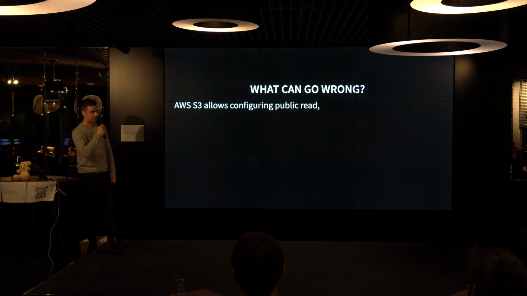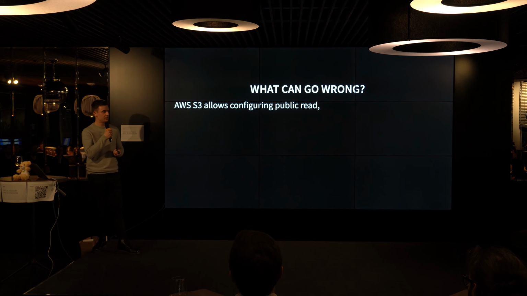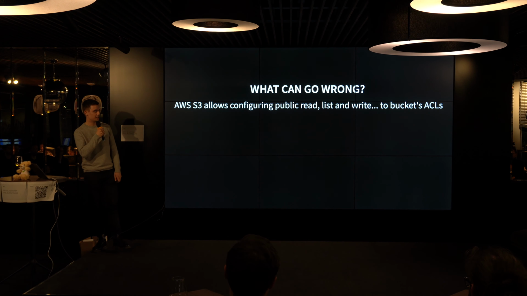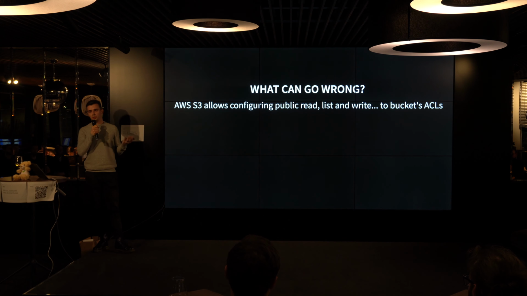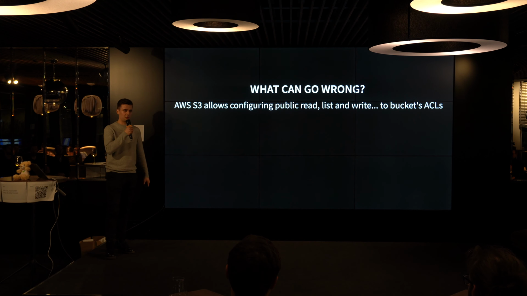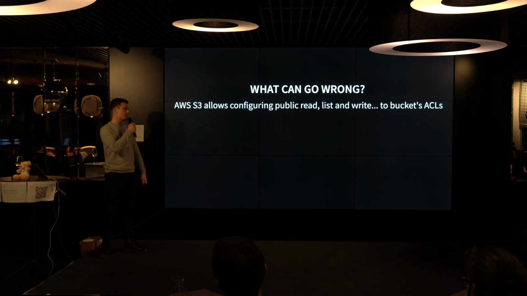Well, it turns out that AWS S3, and not only AWS S3, allows you to set public read, write, list, and write the bucket ACLs, which means that you can essentially take over the bucket. You basically specify that the previous owner doesn't need access anymore, and I will just take it over for myself. So you can just cut people off and take everything from it.